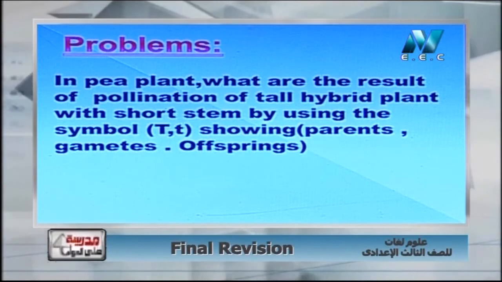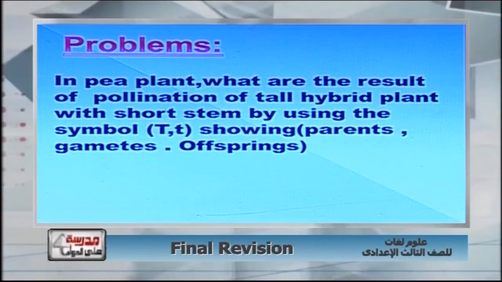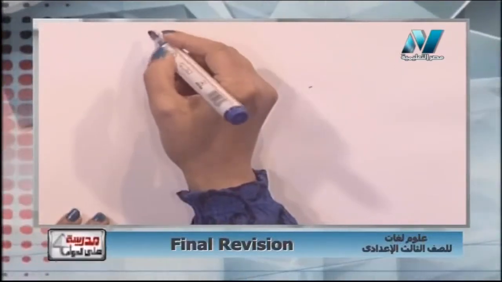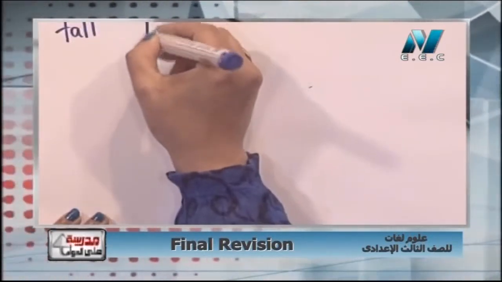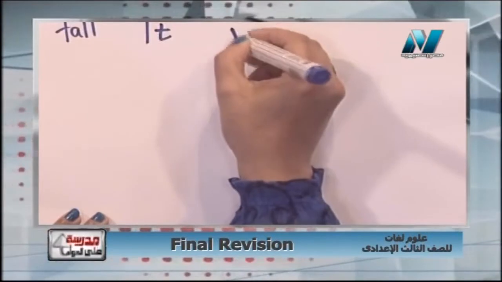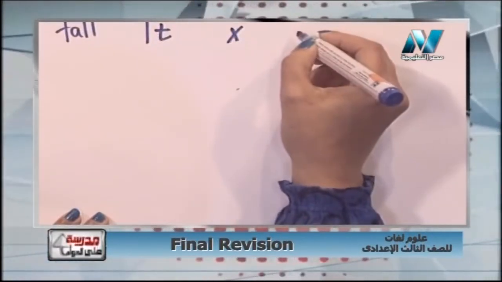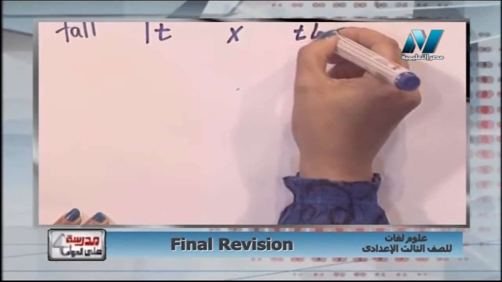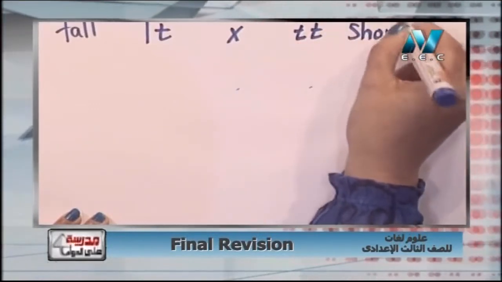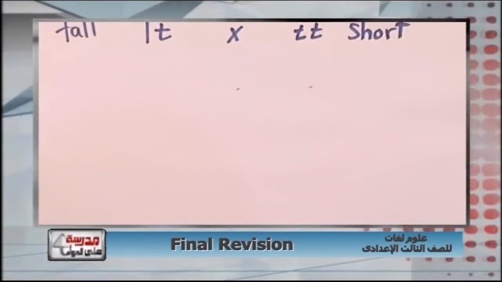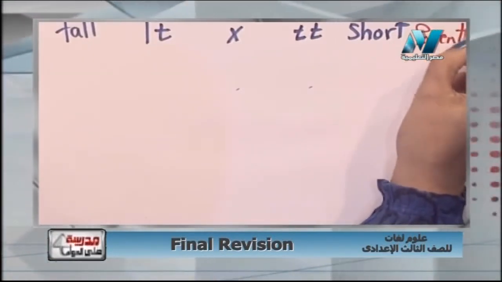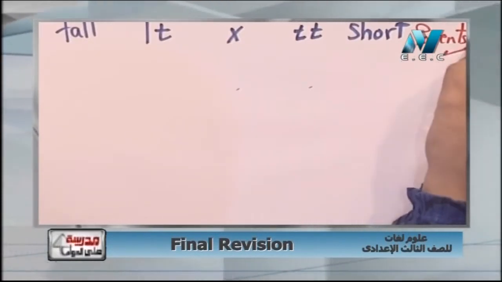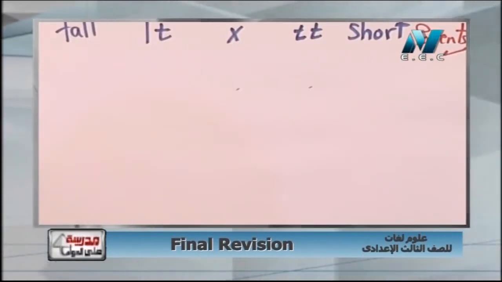Okay, let's solve this problem together. Number 1, we have tall hybrid, so the gene will be capital T small t, with short, and the short is the recessive, so it must be small t small t. We call this the parents. This is the need number 1.